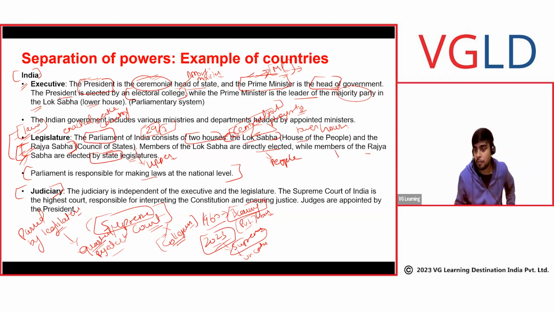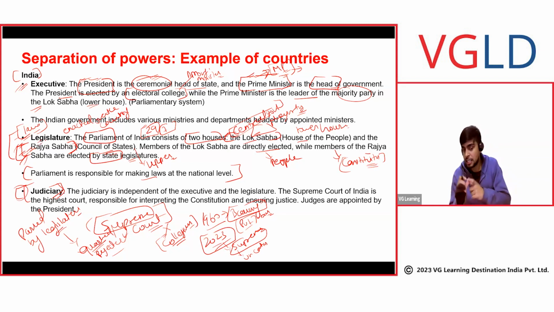Because the legislature derives its power from the constitution. The constitution gives power to the legislature, to the executive, and to the judiciary. The power to make the law is with the legislature, the law-making body. But the power to interpret the law is with the judiciary.